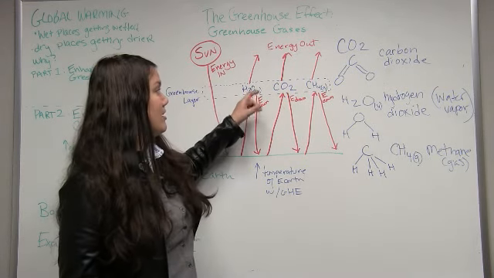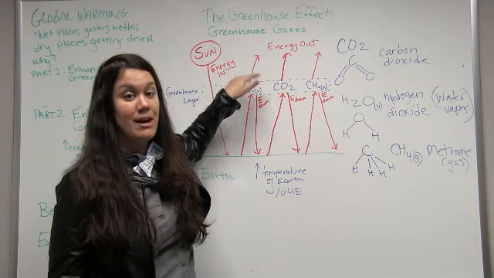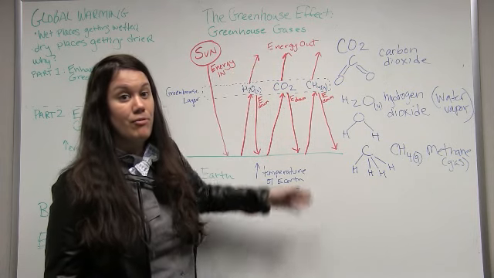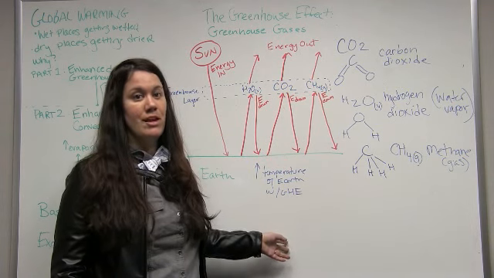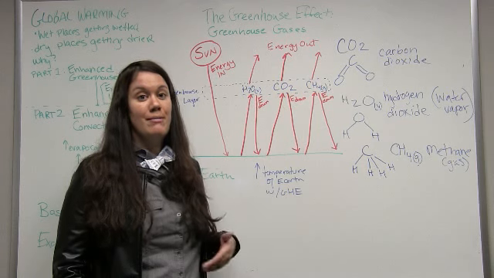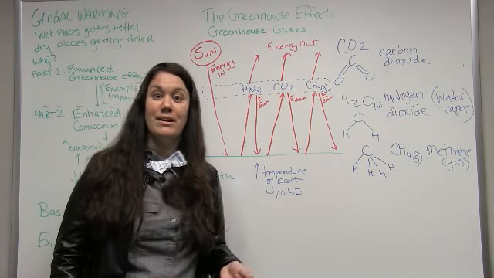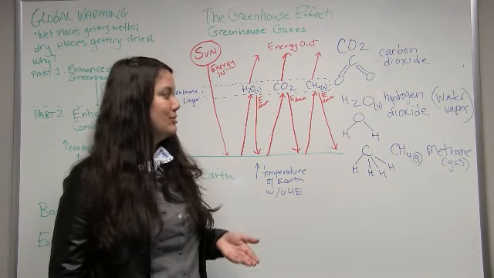So it's because of all of these greenhouse gases that are able to absorb the heat coming out of the Earth and then reflect some of that, not all of it, but some of it back down to the Earth, that increases the temperature of the Earth to a climate that we're all able to live in and grow food and do all the great things that we're able to do.